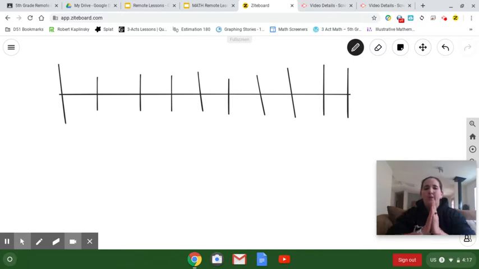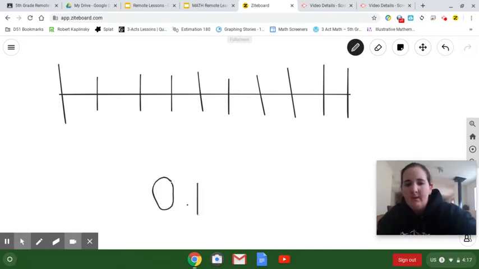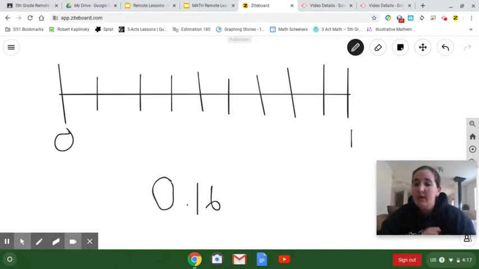All right. So now if I'm thinking about the number 16 hundredths. If we think about this number line first, we have 0 and we've got 1. All right, so I could probably place a couple fractions right here, but I want to put 16 hundredths. So I know that I have 1/10. So I know that I'm at least above here. All right, then I got to think, okay, 6 hundredths.